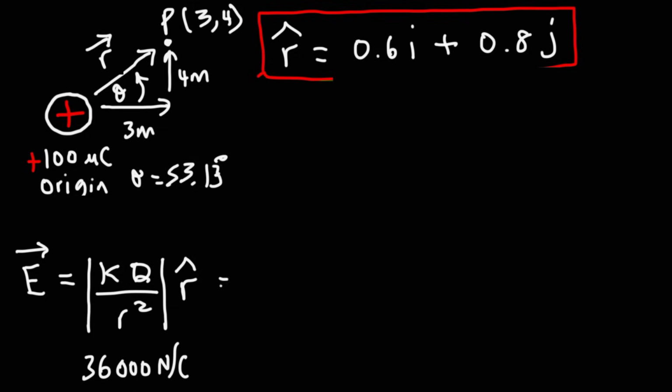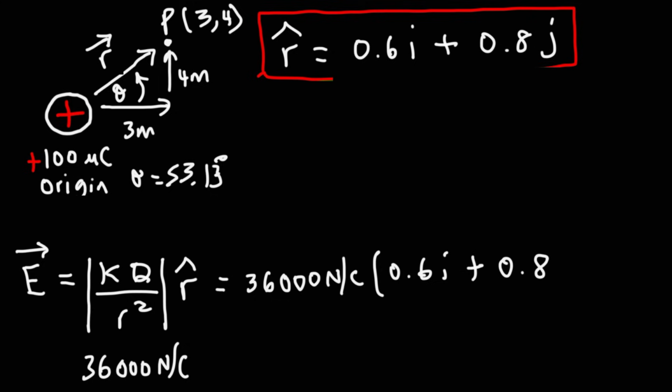So now let's finish this problem. We have the magnitude of the electric field, which is 36,000 newtons per coulomb, times r hat, which is 0.6i plus 0.8j. So now we've got to distribute. 36,000 times 0.6 will give us 21,600.